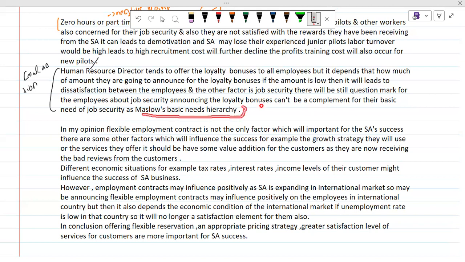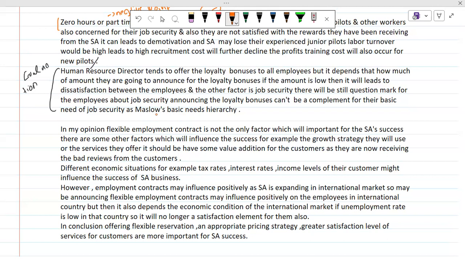One thing you should remember: whenever you are talking about the motivation of employees, you should write any related theory. There are a lot of theories you have studied in your book, Herzberg, Maslow, and McGregor. You can write any theory related to this point, because job security is a basic need as per Maslow's hierarchy.